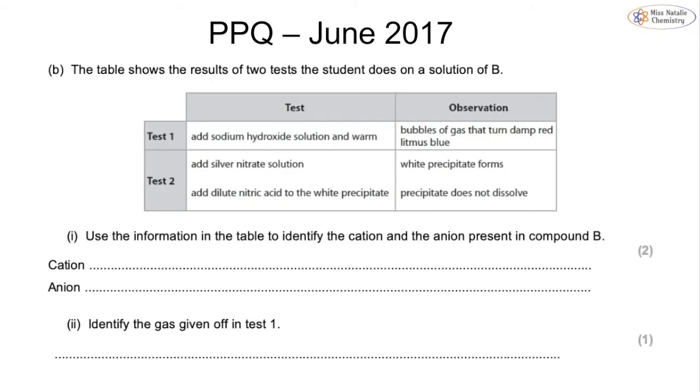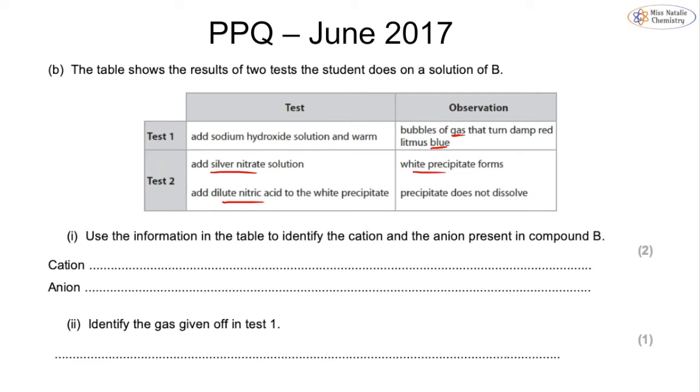So the table shows the results of 2 tests that the student does on a solution of B. The first test is that we add the sodium hydroxide in warm, and we get a gas that turns litmus paper blue. Our second test is we add silver nitrate and dilute nitric acid, and we get a white precipitate, and our precipitate does not dissolve.